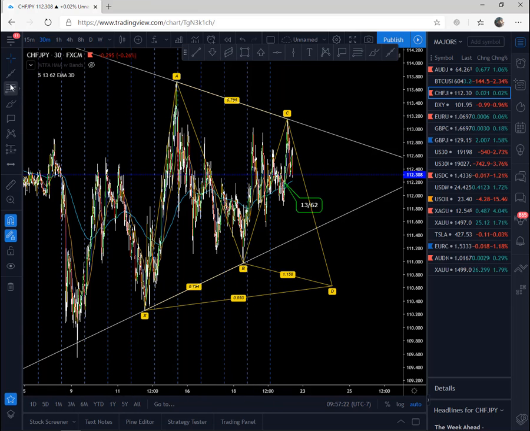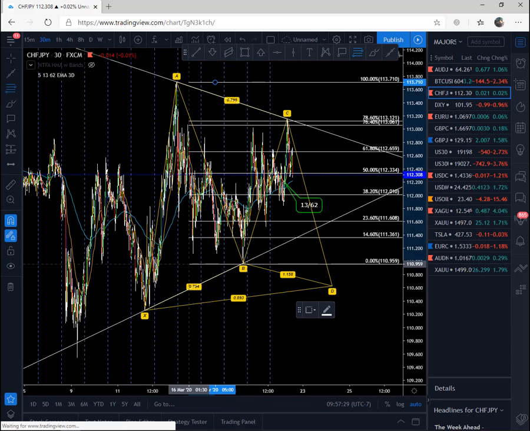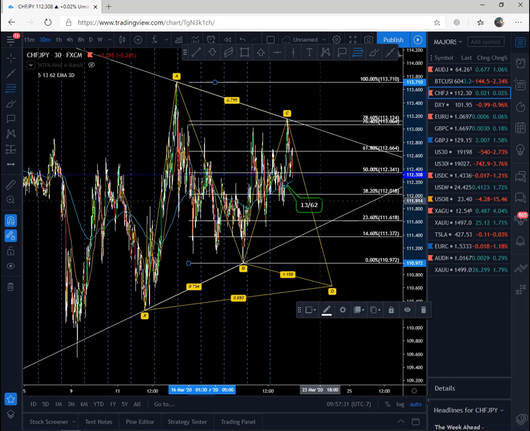So we can also confirm that the C point is valid using the fib retracement from A to B, because it exceeds the minimum. The minimum for the C point is the 38.2.